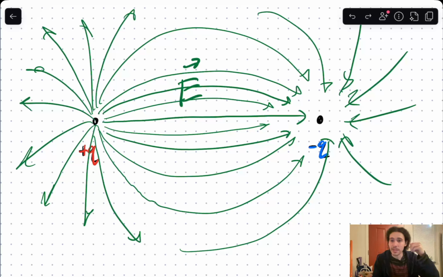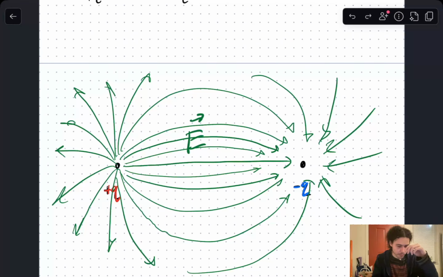And in some sense, that's the definition of charge, at least in this classical electrodynamics regime. The charge itself can be viewed as electric fields either coming out or electric fields diving in. The dipole.